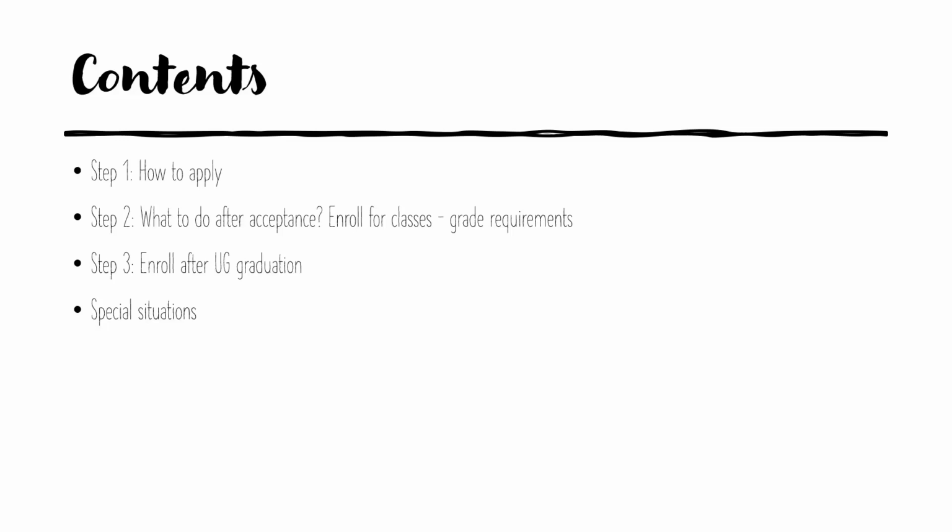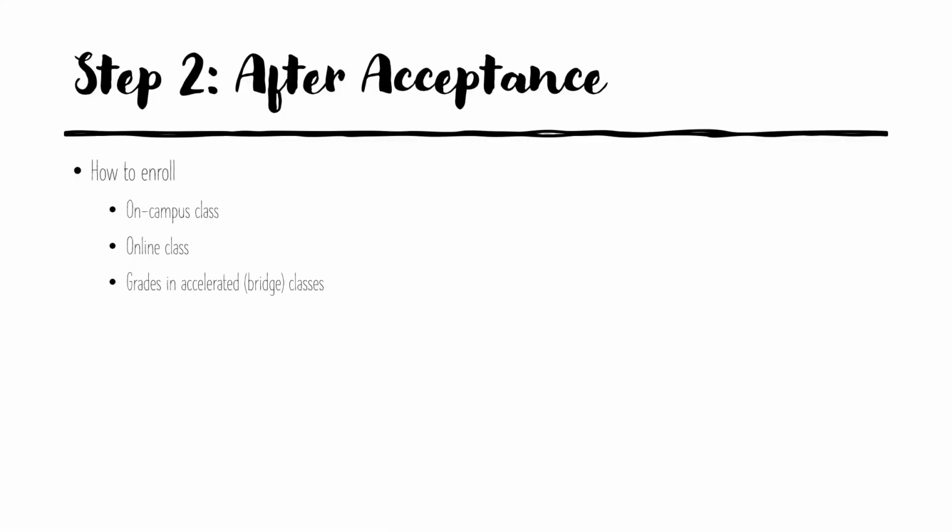So let's go into step 2 again. What happens if you want to either apply for an online class or for a class which has a 600 level prefix? By prefix, we mean something like BA 604 or BA 625, which has been permitted by both the undergraduate program coordinator as well as the graduate program coordinator.